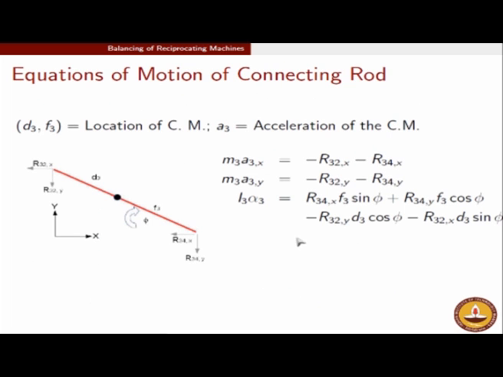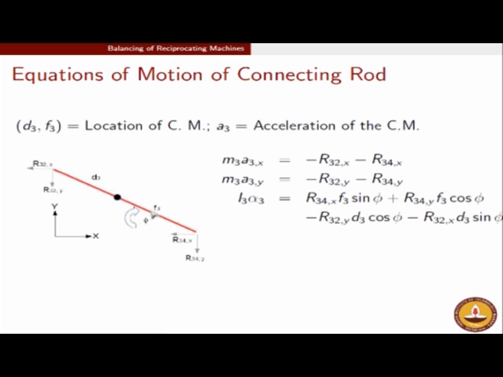Okay, SSETN also has a similar question about the connecting rod. So connecting rod, this is a free body diagram. In the free body diagram, we are trying to evaluate all the moments about the center of mass. So we are not evaluating about the hinged point, we are evaluating the moments about the center of mass. So I3 times alpha 3, I3 is the moment of inertia about the center of mass, not about any hinge point.